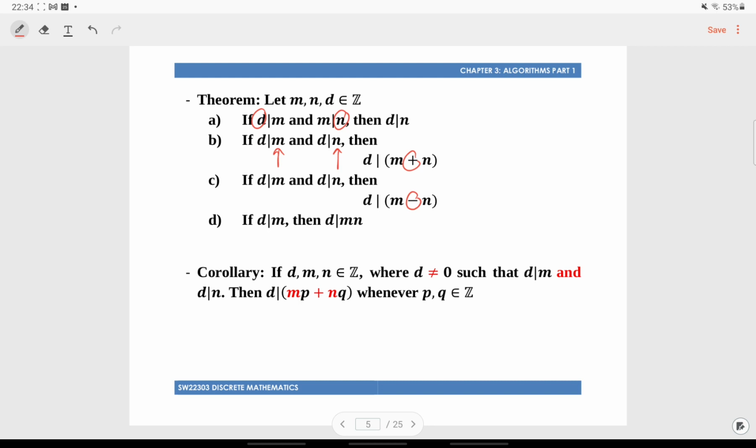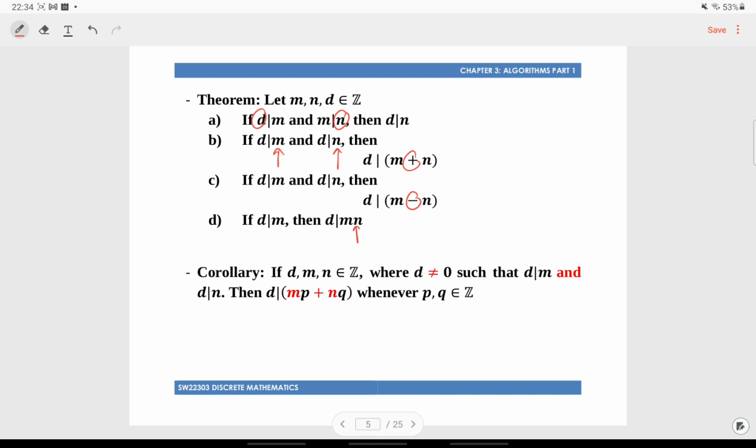It is applicable to both addition and subtraction. And the fourth theorem: if d divides m, then d divides m multiplied by any number, let's say n. It is still divisible by d.